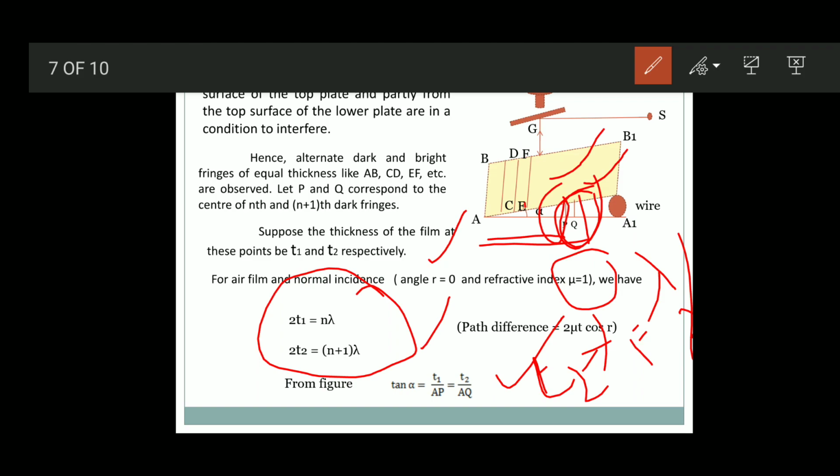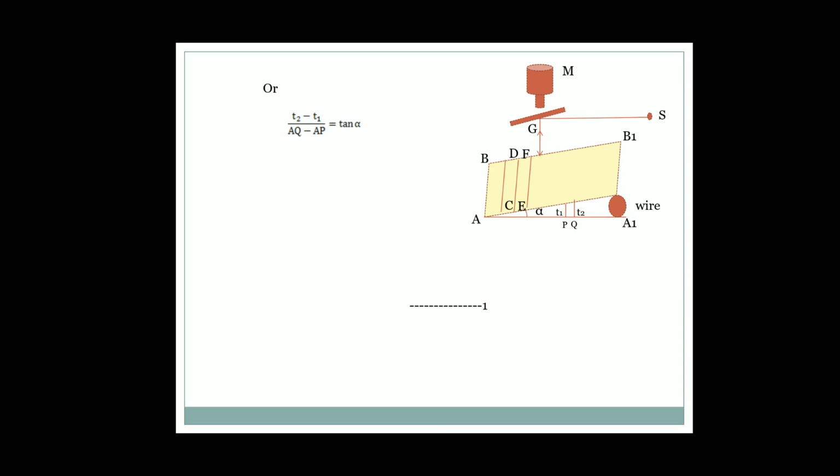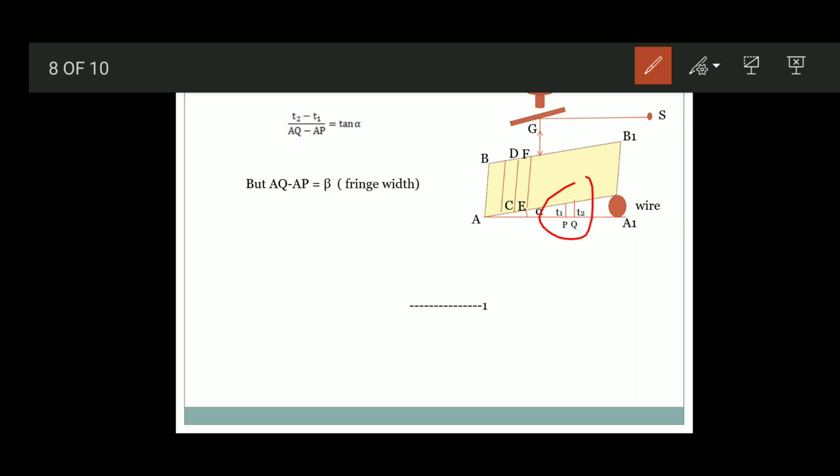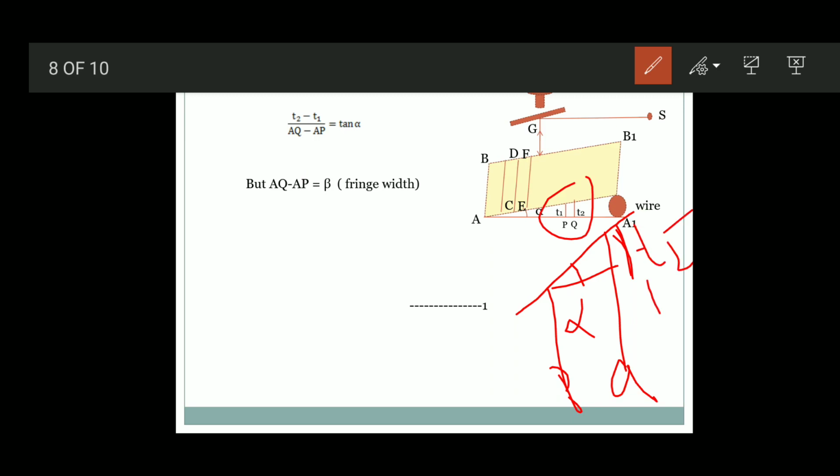So from this diagram, we can write tan alpha is equal to T2 minus T1 by AQ minus AP, because of course from this diagram we can write for this small area. These are the two rays, this is P, this is Q, this is the glass plate. If it is alpha, this is equal to T2 minus T1.